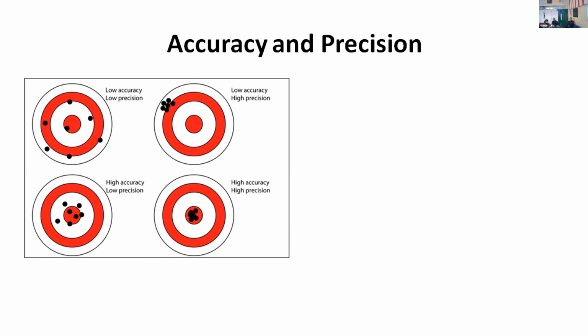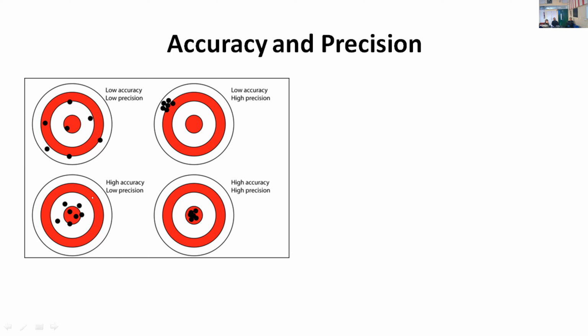Most of you have seen this accuracy and precision dart board experiment. So we'll understand this by this dart board experiment. Here we have 4 cases. What does accuracy mean? It is the closeness of a determined value to a theoretical value.